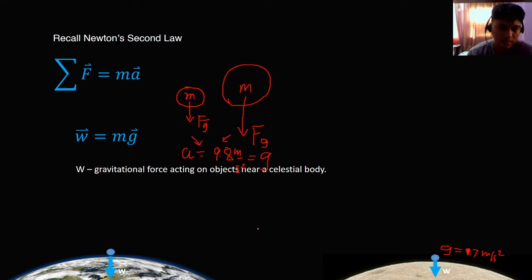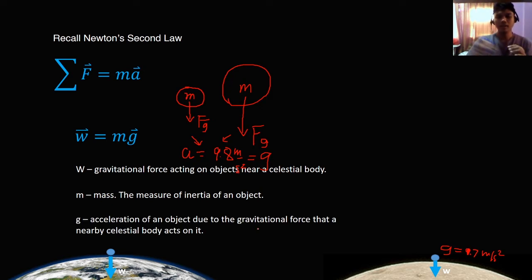So W is the gravitational force acting on objects near a celestial body. m is the inertial mass. It is the measure of the sluggishness of an object, its tendency to resist changes in motion. And g is the acceleration of the object due to the gravitational force that the nearby celestial body acts on it.